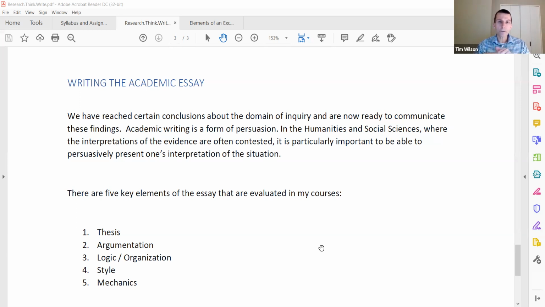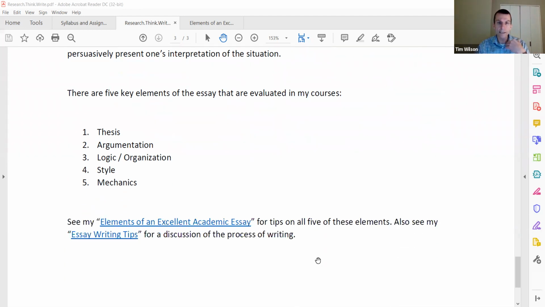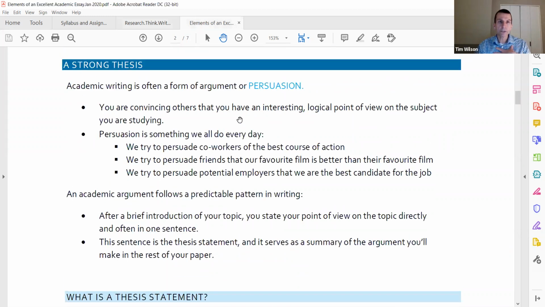As I note on this page, the essays for this class, and your final, will be graded in accordance with these five criteria: the thesis, the argumentation, the logic and organization, the style and the mechanics. And I'm going to this other document here.